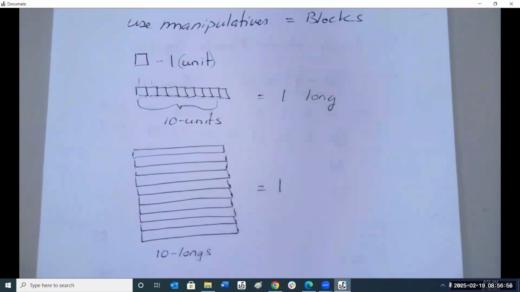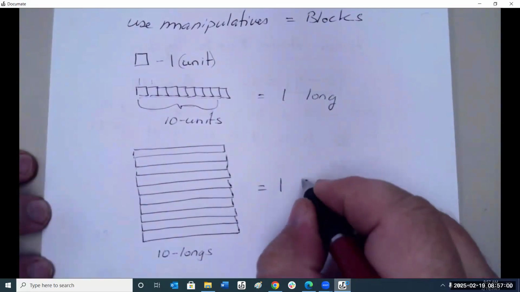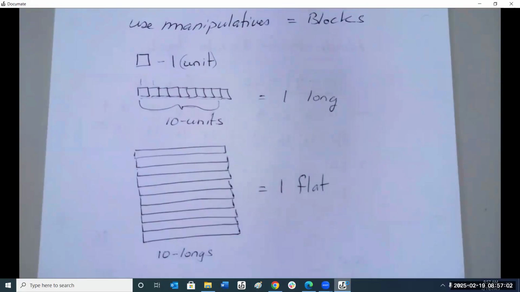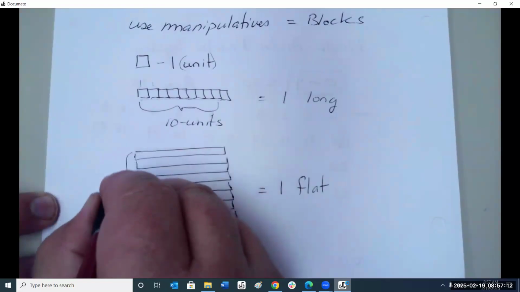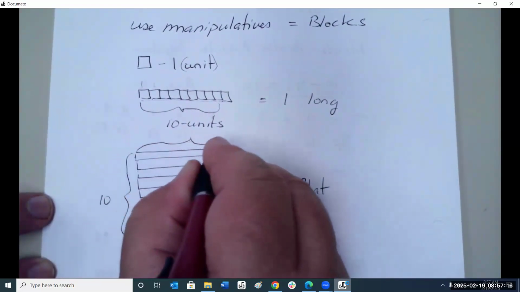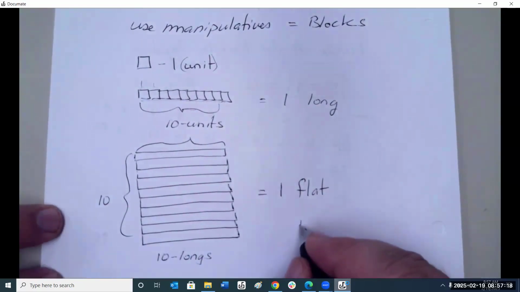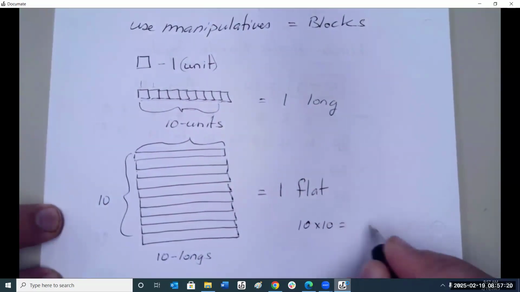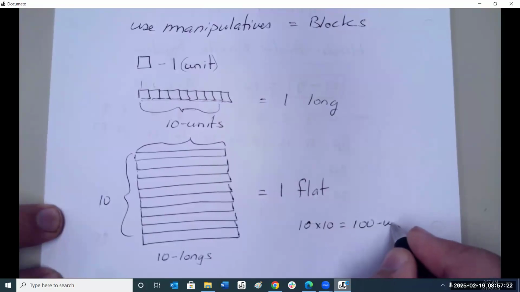This equals, because if we think about it, if it's just 10 of these things right here, it's 1 flat sheet. So we call it 1 flat. How many blocks are in 1 flat? 100. Yeah, because there's 10 of these, and there's 10 units in each one. So 10 times 10 equals 100 units.